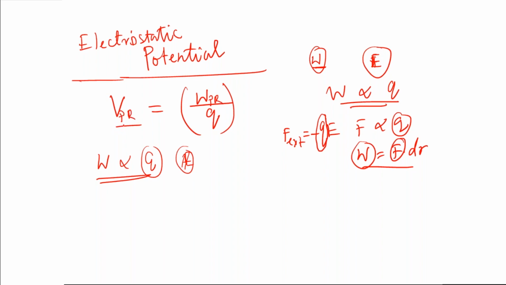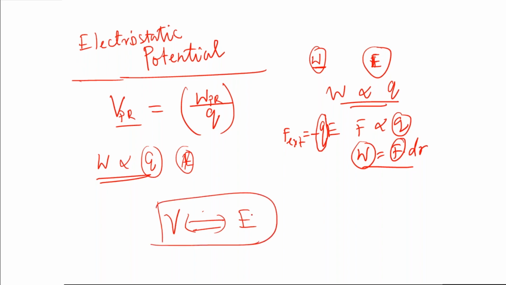This is the quantity which is actually relevant for us. Why? It has a direct relationship with the electric field. If I know the potential, I know exactly the nature of the electric field, because there is no influence of the test charge I bring. I don't know whether you are understanding.